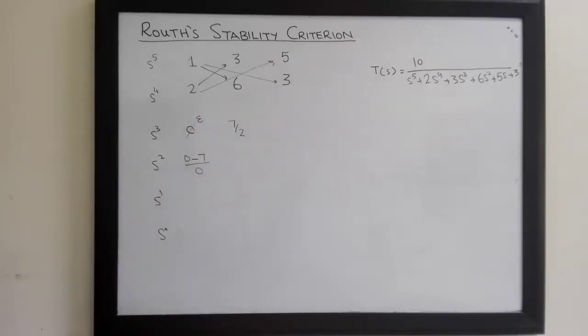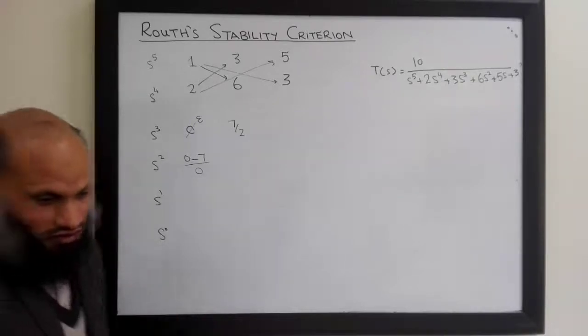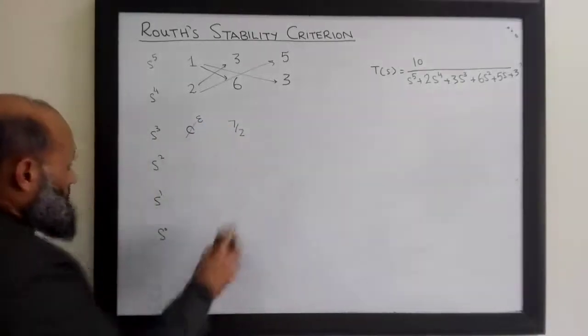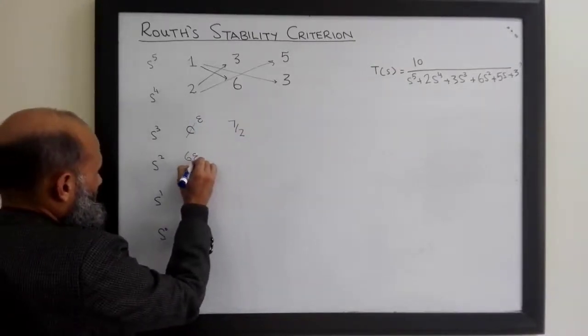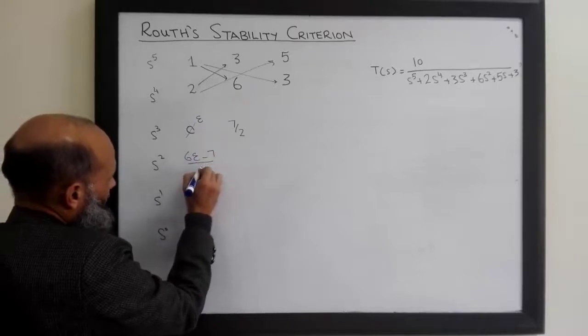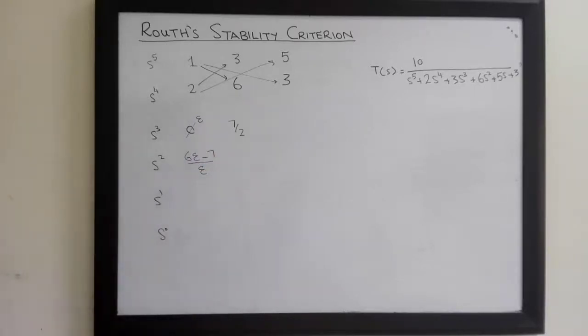Once we replace it with epsilon, what do we get over here is 6 epsilon minus 7 divided by epsilon.